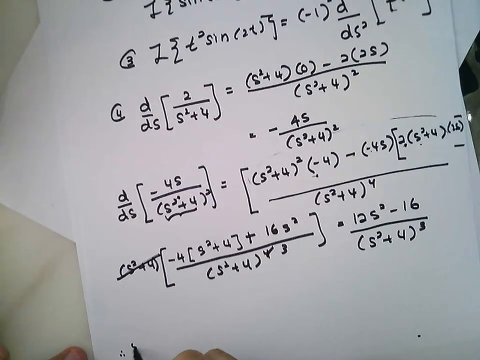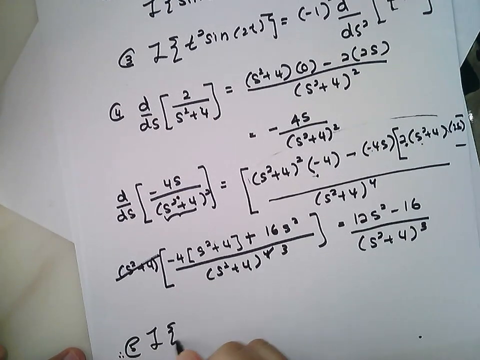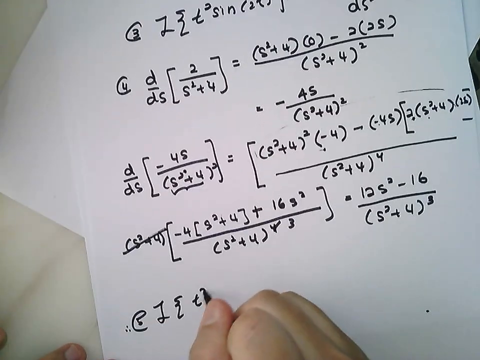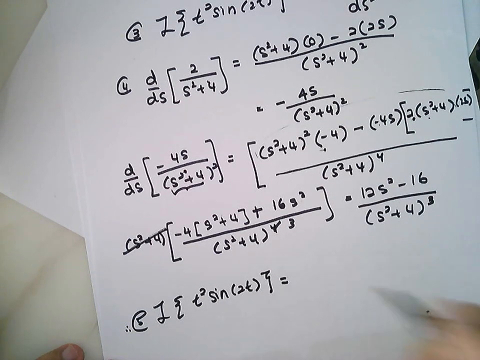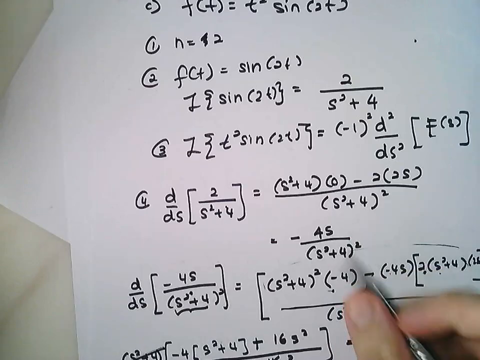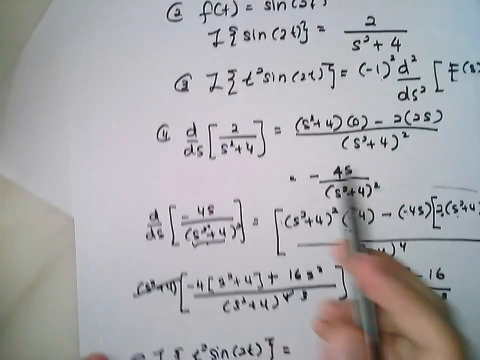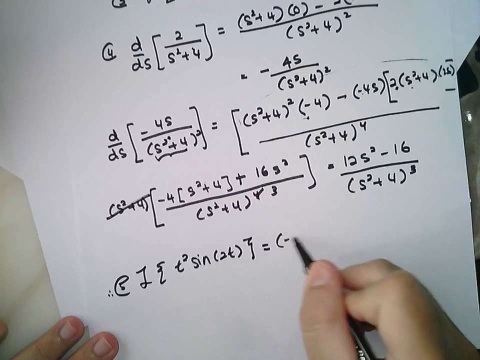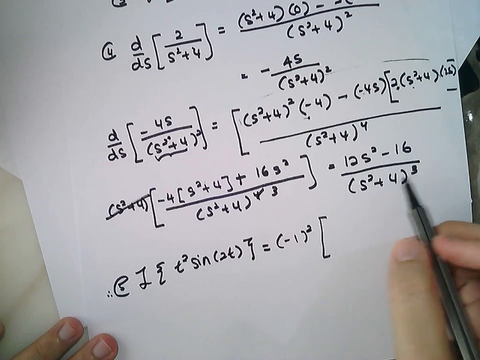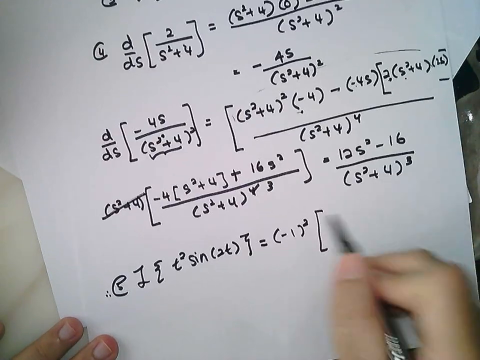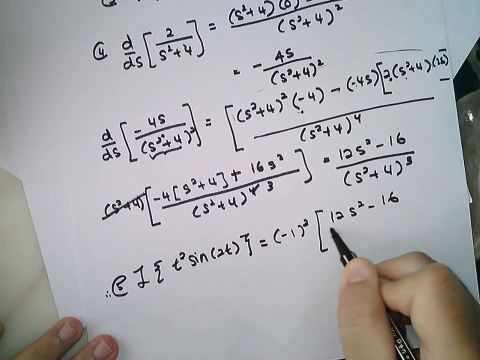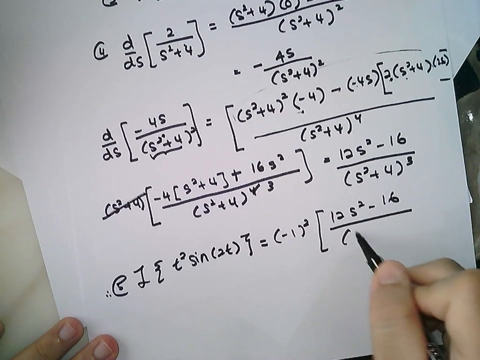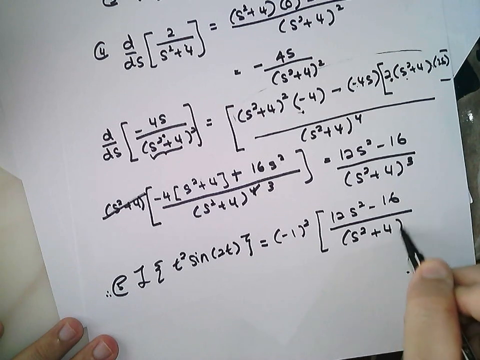Therefore, Laplace of t squared sine 2t is equal to negative 1 squared times the function that you get, 12s squared minus 16 over s squared plus 4 cube.